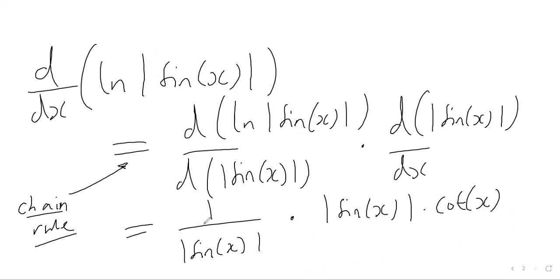So what do we notice now? Well, the modulus of sine of x there and there just cancel out, and so we're just going to be left with cot of x. So when we differentiate the natural log of the modulus of sine of x, we actually just get the cotangent function, cot of x. Let's summarize this on the next page.